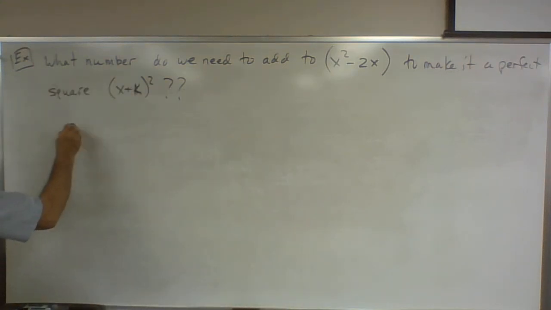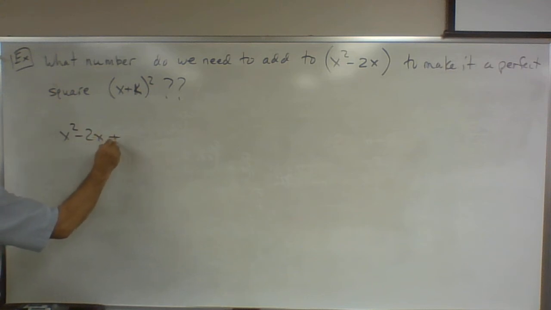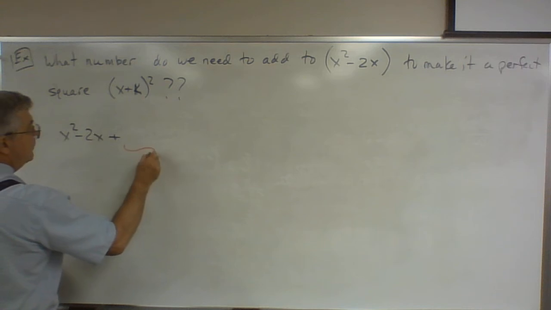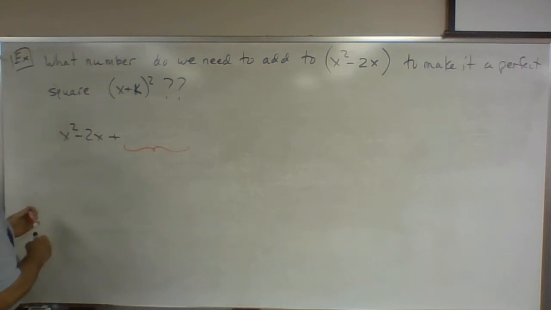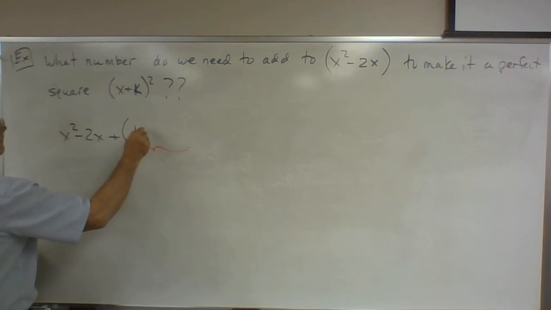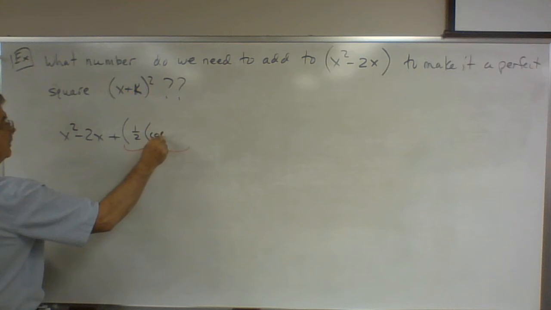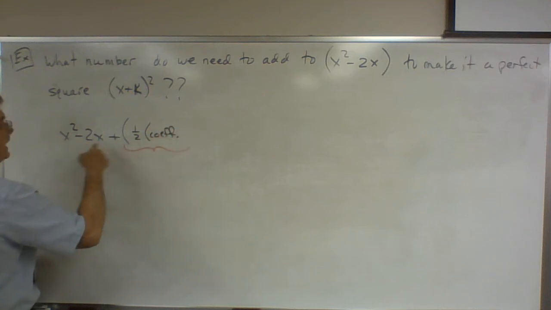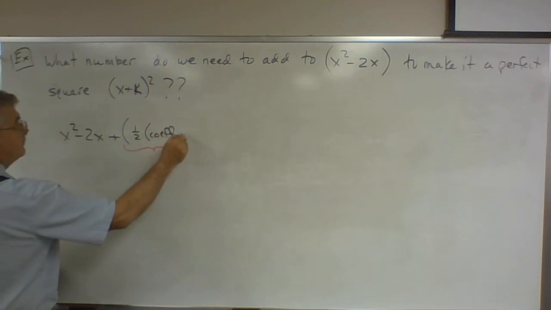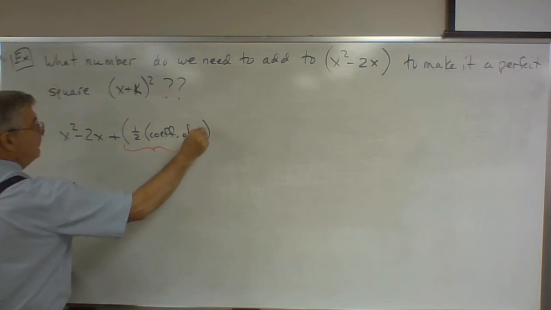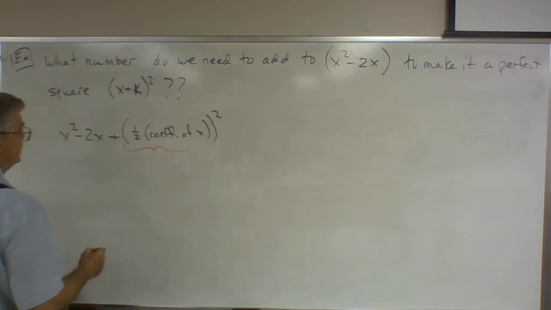We take x squared minus 2x plus, and we're going to stick with our formula, 1/2 times the coefficient of x, squared.